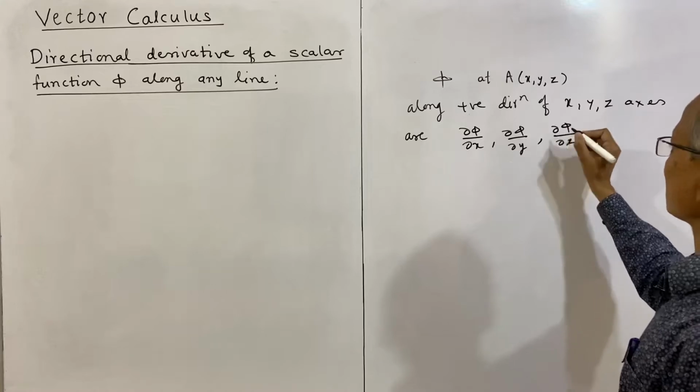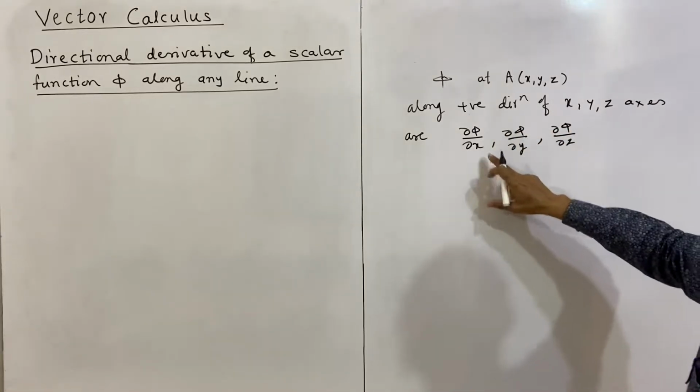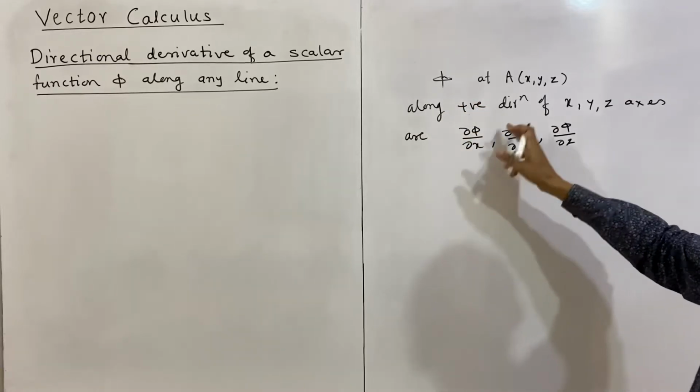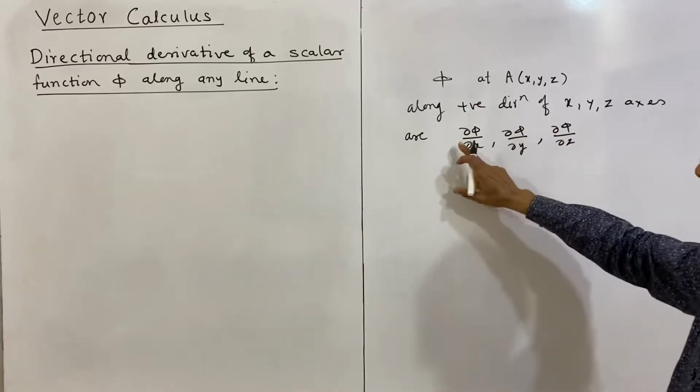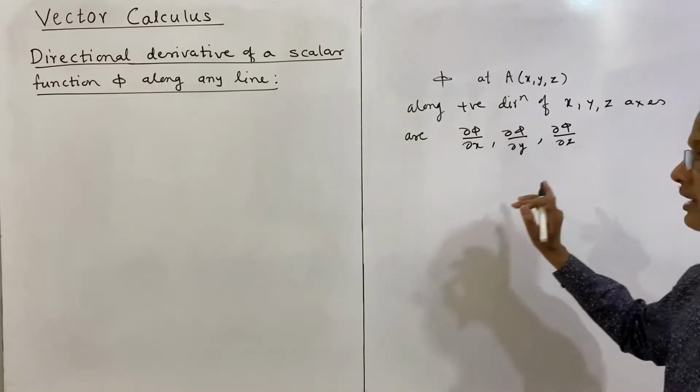And if you take the negative directions, then these will be negative of dou phi by dou x, negative dou phi by dou y, etc.